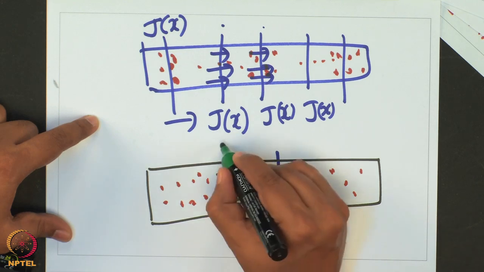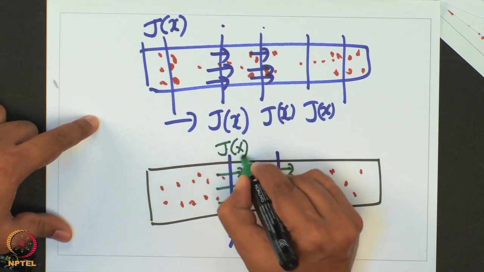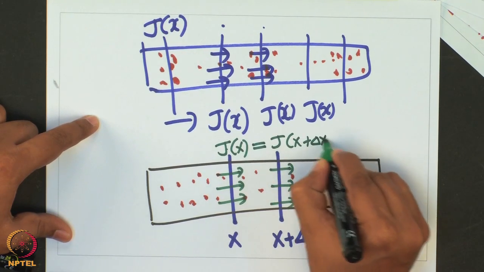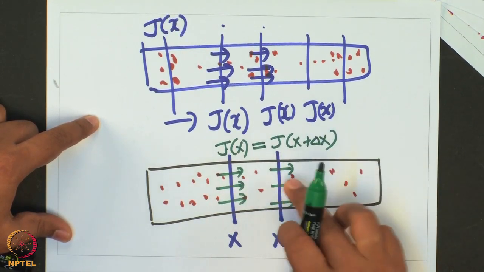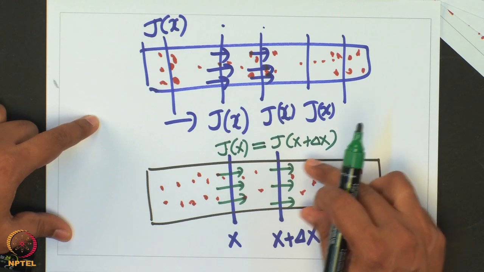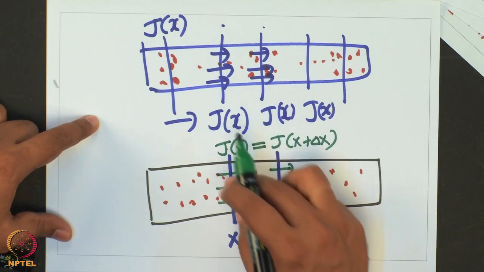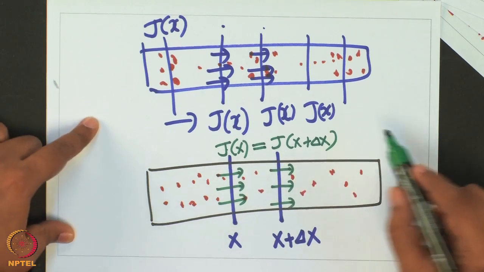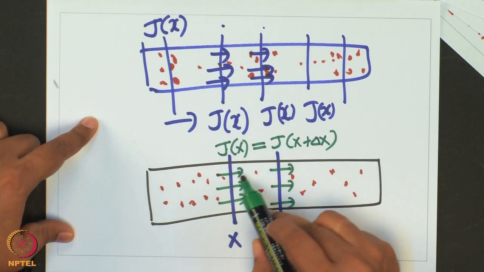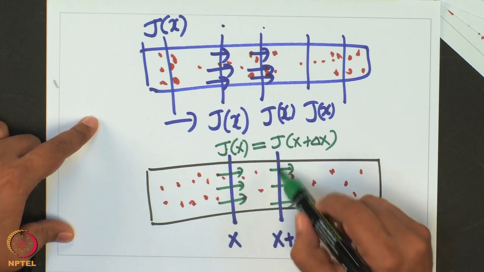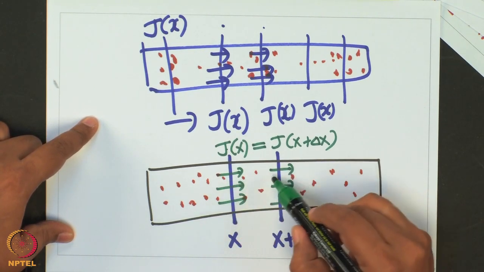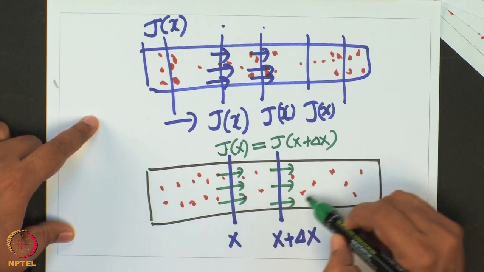So if J at x is the same as J at x plus delta x, then 300 molecules are crossing this line every second, and 300 molecules are crossing that line every second. If the flow here is equal to the flow here, then in this in-between region, 300 molecules are coming in and 300 molecules are going out.